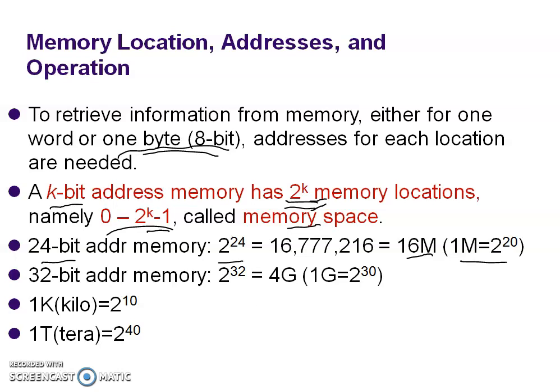Then a 32-bit address memory has 2 raised to 32 memory locations, which means 2 raised to 32 words can be stored, which is equivalent to 4 gigabytes, where 1 gigabyte is equal to 2 raised to 30 bytes. Then next, 1 kilo is equal to 2 raised to 10 bytes, and 1 tera is equal to 2 raised to 40 bytes.